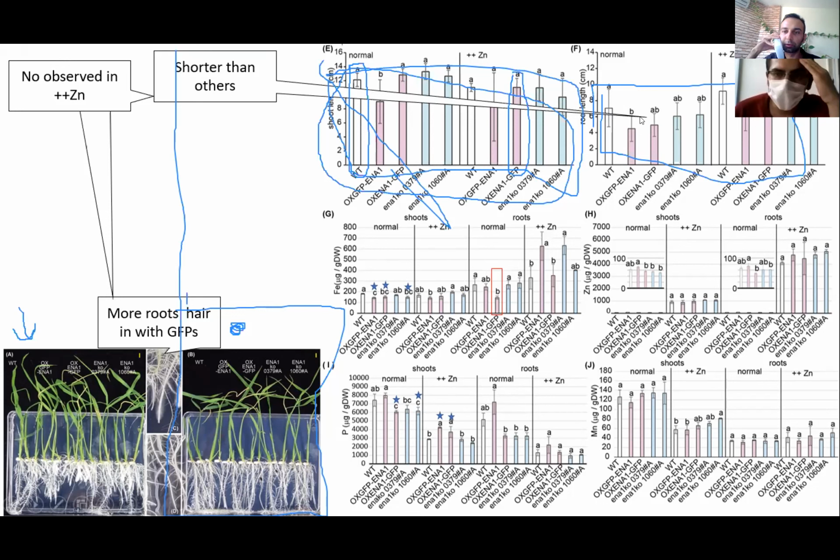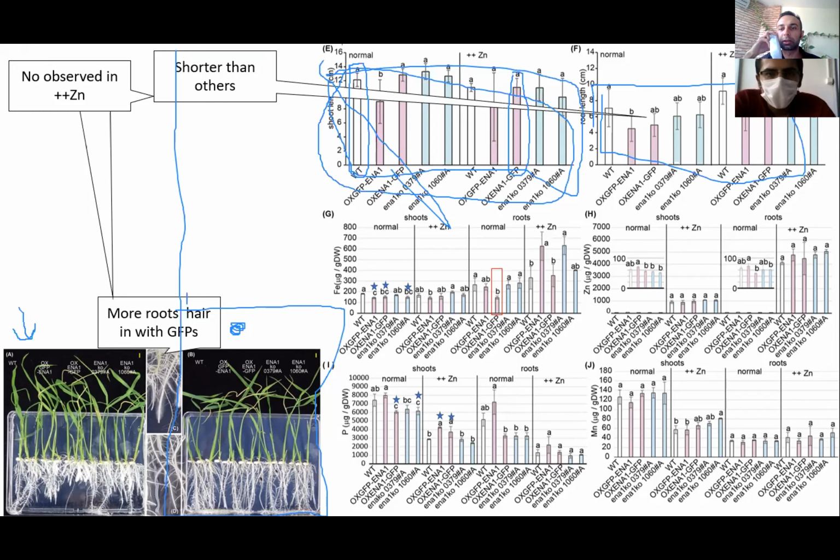I tried to do such things, and the other ones that I cannot point out are not important in the article. They didn't say anything about that. They said only they are the same like this. Yes. Okay, if you are not going to talk about one figure, don't put it on the slide.